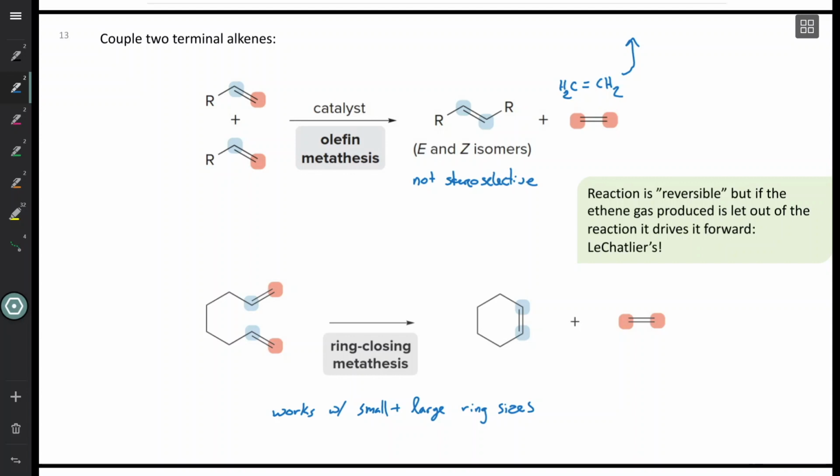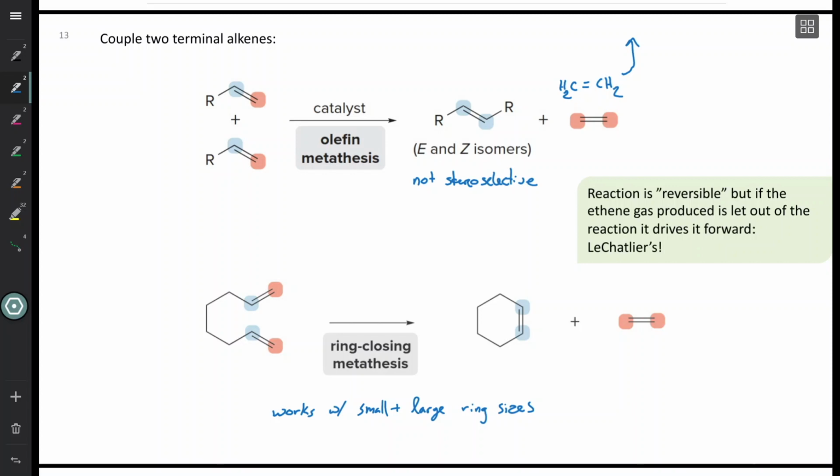With the catalyst, you can kind of get around that, because the catalyst will find one group, one terminal alkene, hold on to it, and then you can have it float around for a while until it finds the other side, and it'll still work. So these do work. You have to do them at different dilutions, right?